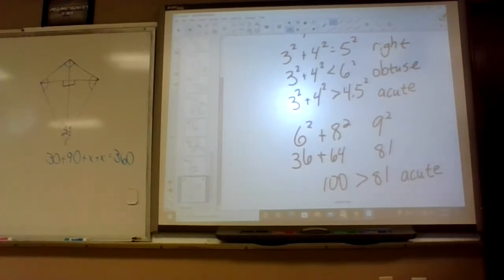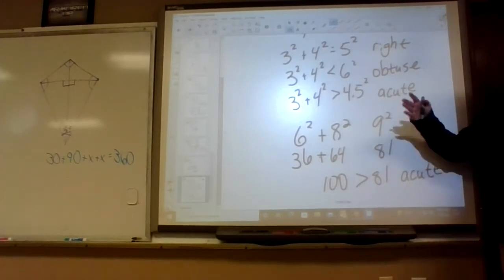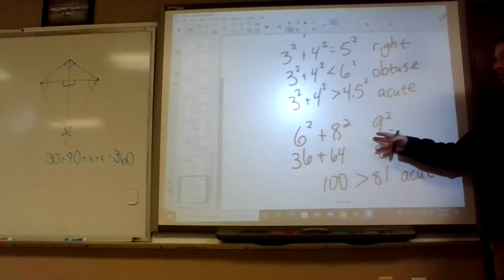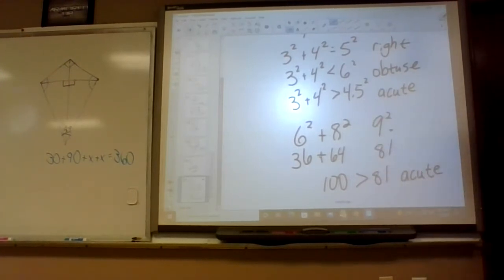So it's in order? Wait, no, it's not necessarily in order. You always want to put the big one over here, because the only side that could be the hypotenuse is the biggest number. So just make sure you put the big one over here by itself. It's like the big one is competing with the two smaller ones, right?